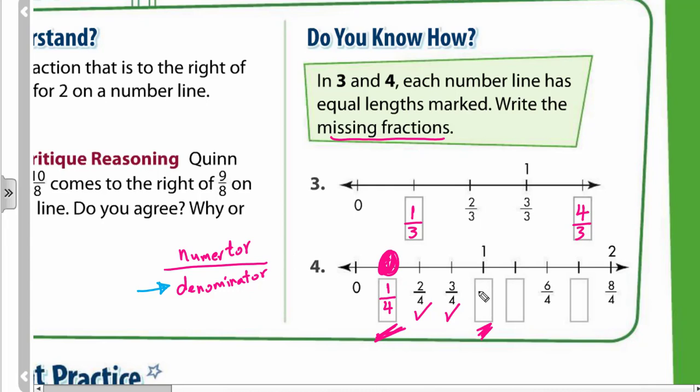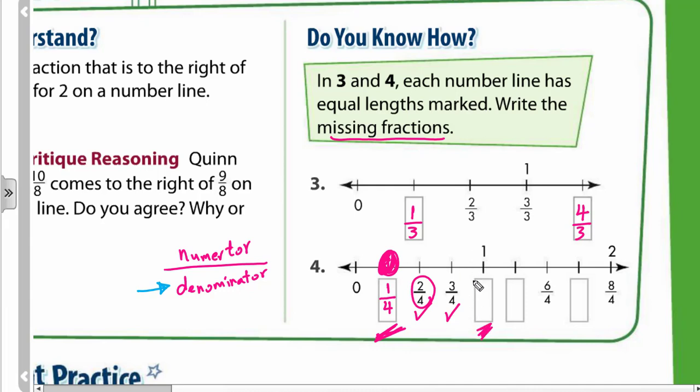After 1/4, 3/4. Okay, but I have 2/4 before 3/4, not after. What is after 3/4?